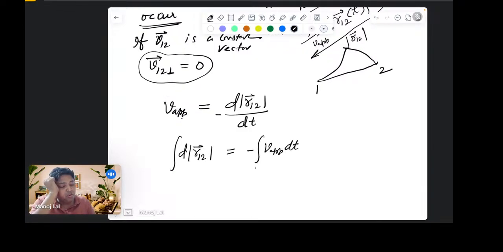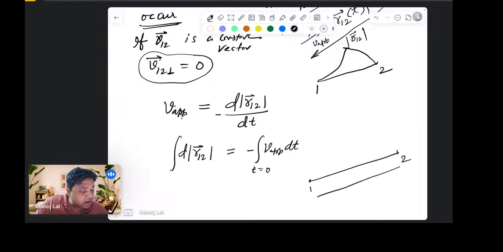Suppose they collide at time t equal to capital T. At t equal to 0, these two particles are here. This is 1, this is 2, and this distance is R12 at t equal to 0. And at some moment they collide, maybe somewhere here.